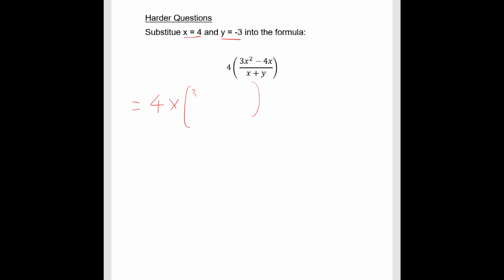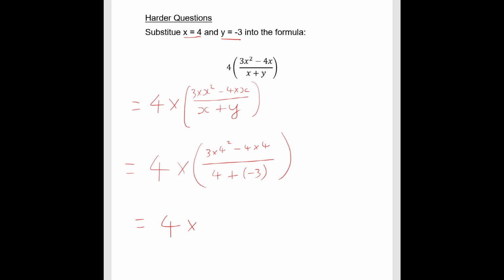So we have 3x squared, take away 4x over x plus y. I'm now ready to put the numbers in. We have 4 times 3 times 4 squared, take away 4 times 4, over 4 plus minus 3.